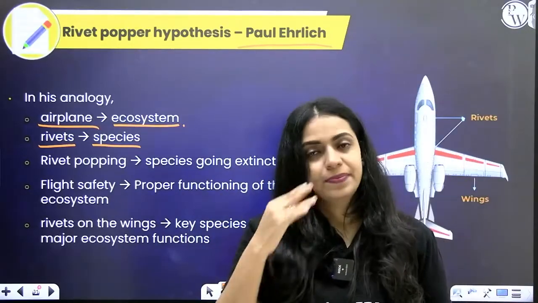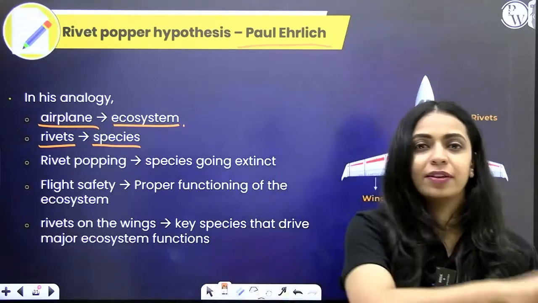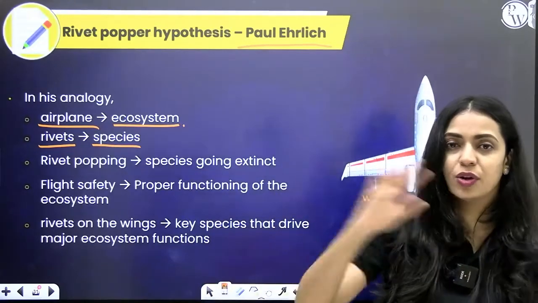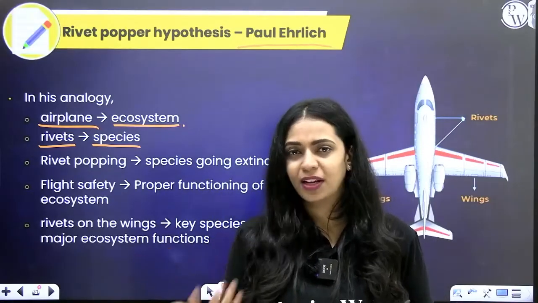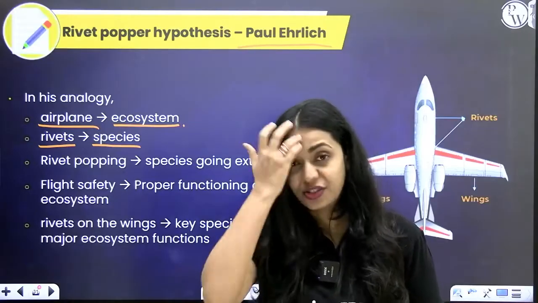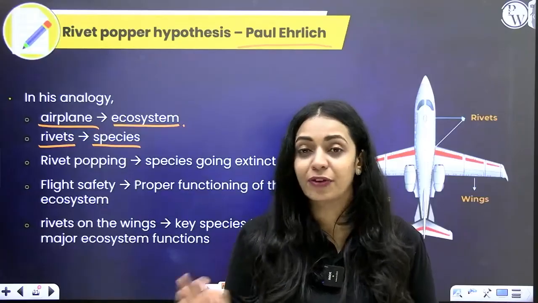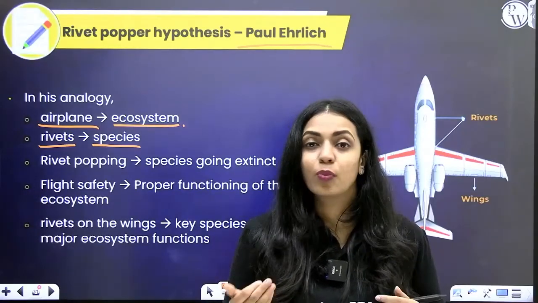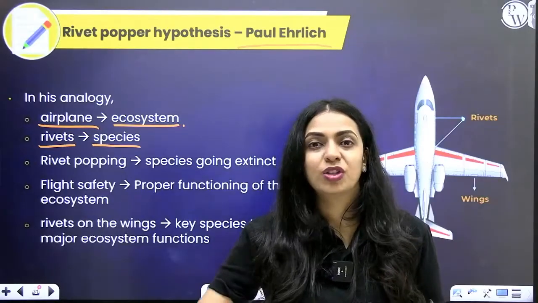Now let's say this airplane is functional. It's traveling across different parts of the world, and there are a lot of passengers that are traveling in this airplane on a daily basis. Now imagine every passenger that's traveling in this airplane decides to pop off one rivet from this airplane. Let's say one person takes it out from below the seat.